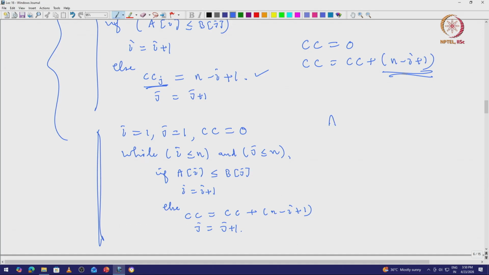This is what you want to do, cross count between A 1 to n and B 1 to n, where A and B are sorted.